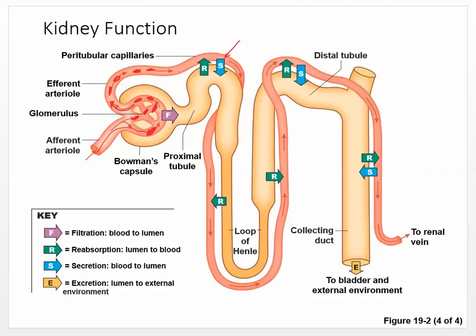So that gets filtered out. And so the only thing that really goes through here is, I'm going to put it in quotation marks, plasma. Remember plasma is the liquid part of your blood. So really in the Bowman's capsule right here, all you have is plasma. It's blood plasma because it's everything except large proteins and blood cells. Okay, so that's what the filtrate is immediately.